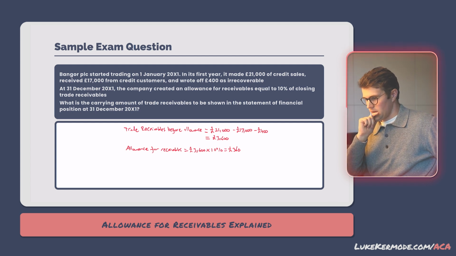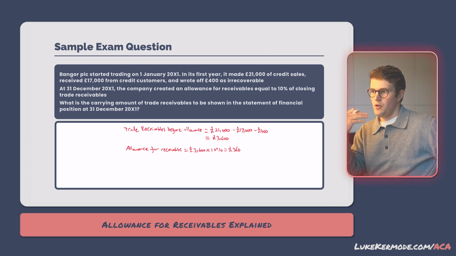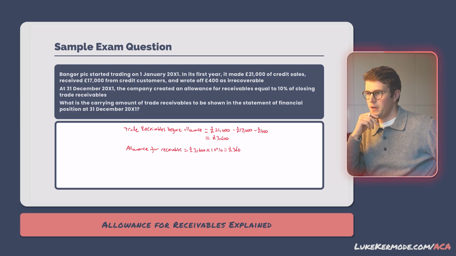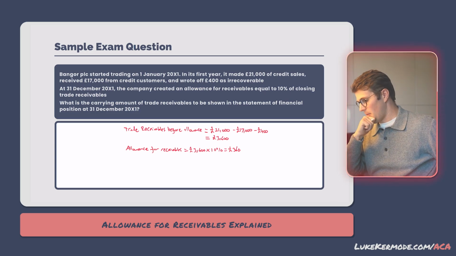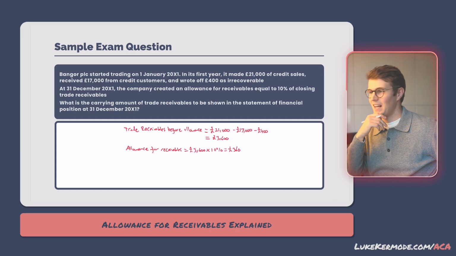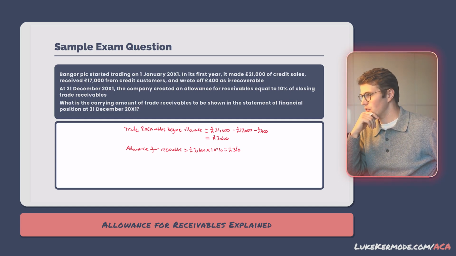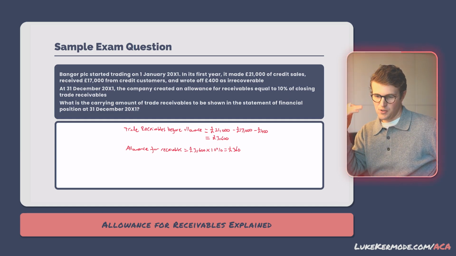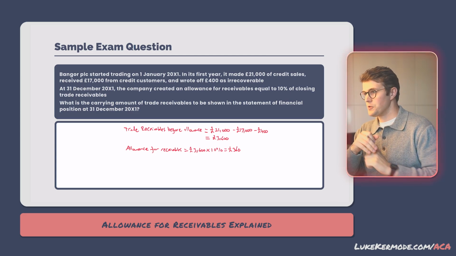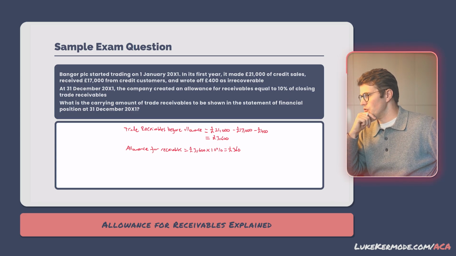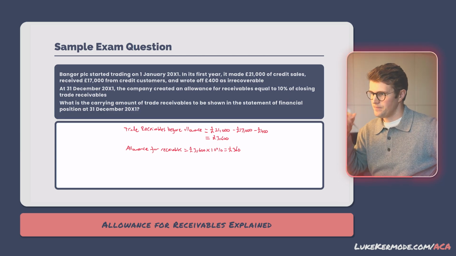So if we were asked to determine the journal entry here that we needed to post, we'd be debiting irrecoverable debt expense by £360 and we'd be crediting the allowance for receivables by £360. So this will reduce net profit in the income statement, and it will also reduce receivables on the balance sheet.